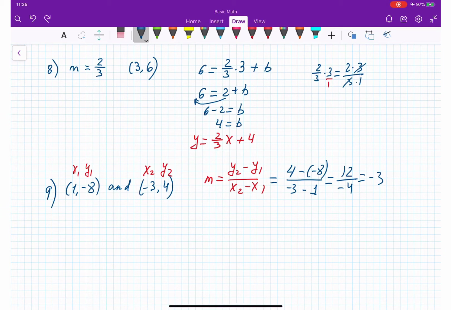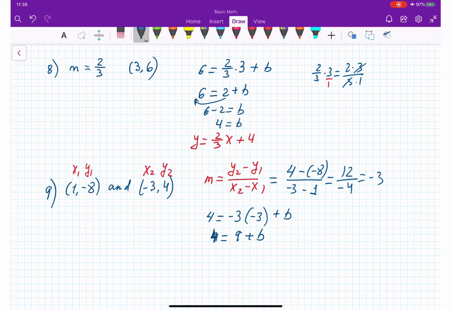So y, we are using y2, which is 4, equals m, which is -3, times x2, which is -3, plus b. So 4 equals 9 plus b.